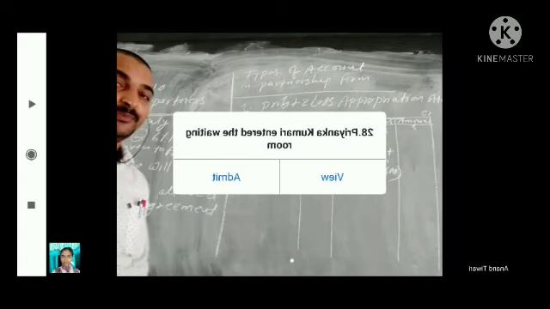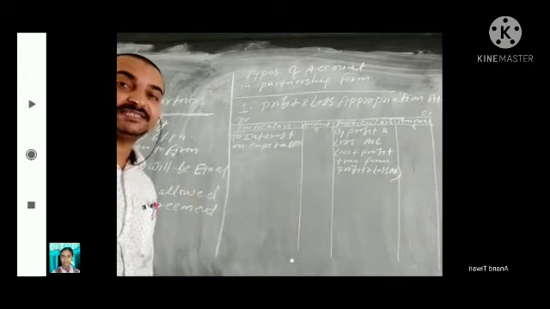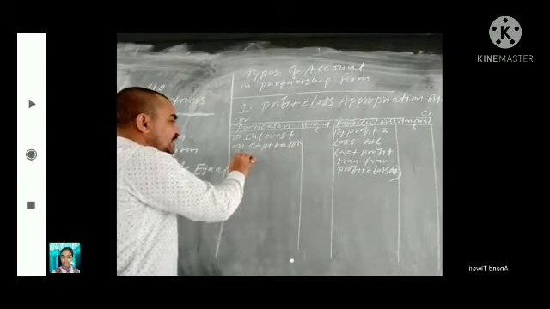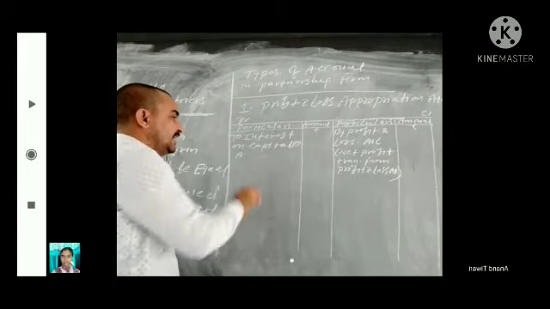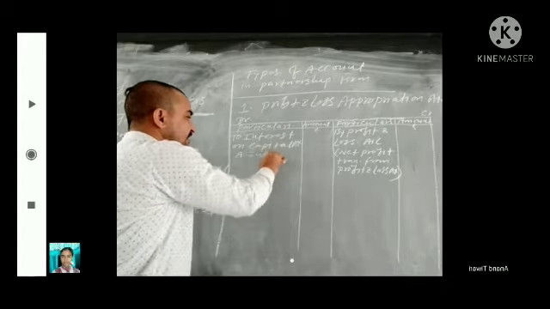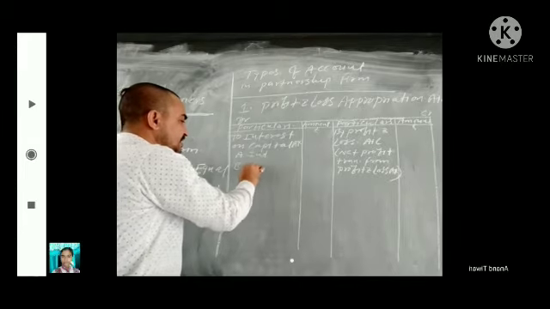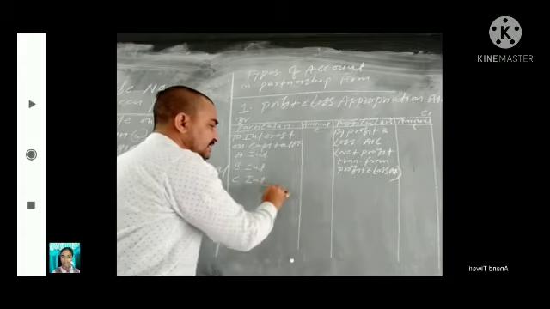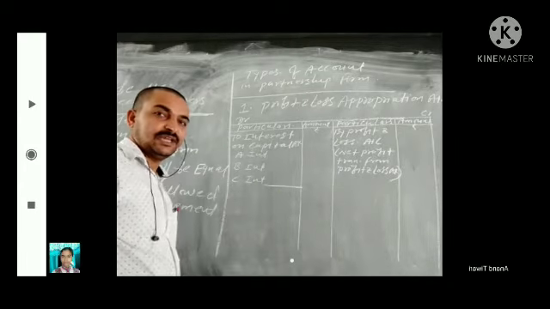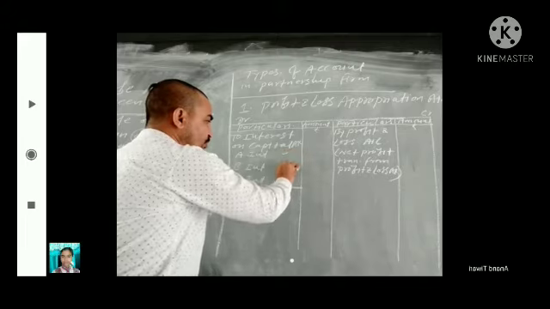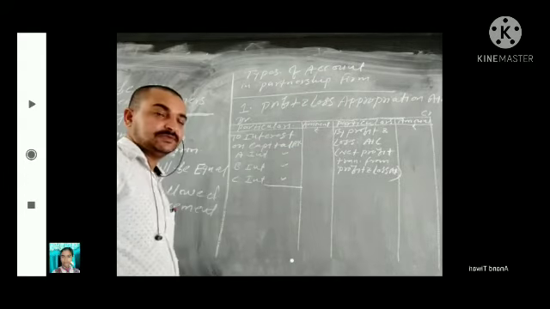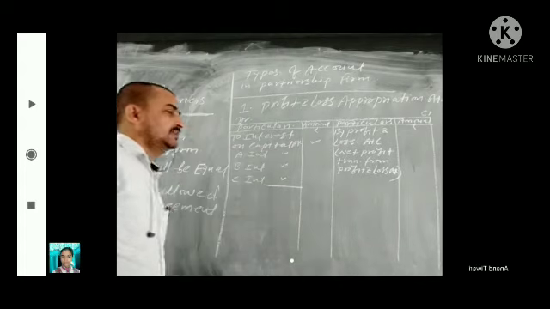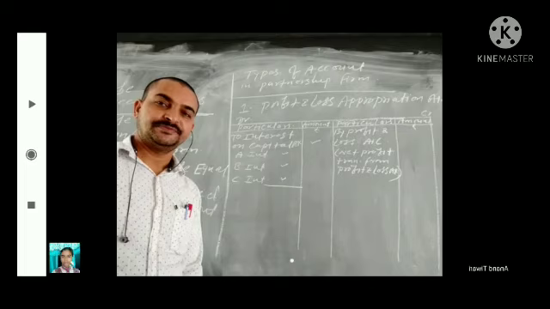Suppose there are three partners, so you have to write the interest on capital of A, B and C. Put the amount of all three partners, add it and show it here as interest on capital. Clear?